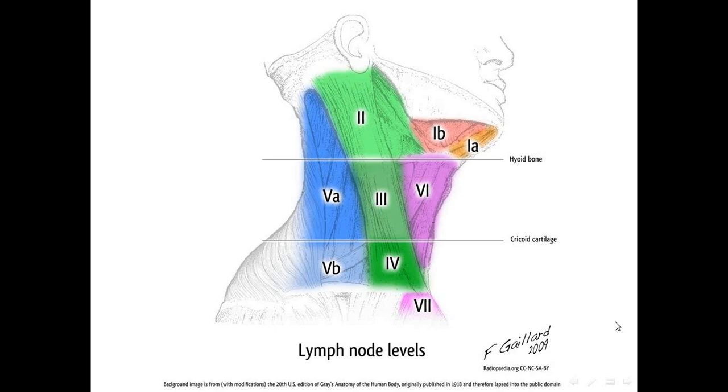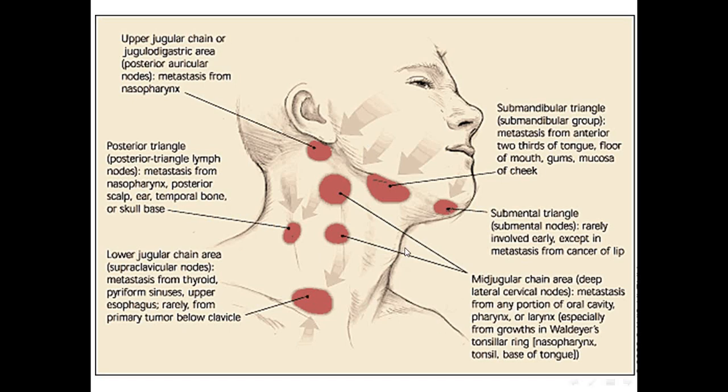This is the lymph node levels illustration. This diagram here better explains which lymph node group drains which structure. So the submental is rarely involved in early disease unless there is a cancer of the lip.